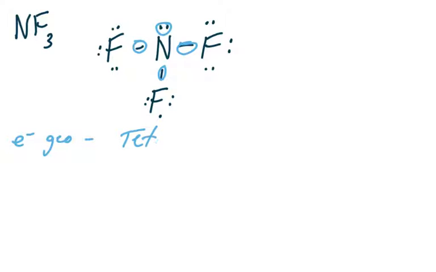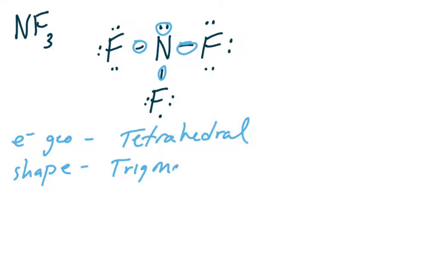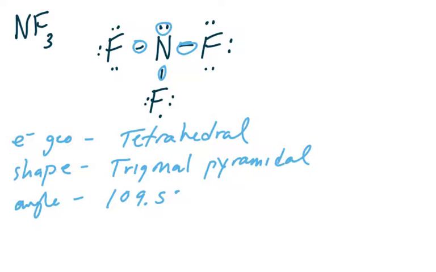So once again, tetrahedral electron geometry. Now the shape, what do we have? We have 3 bonding, 1 non-bonding, so that would be trigonal pyramidal. And the angle would be the tetrahedral angle of 109.5.